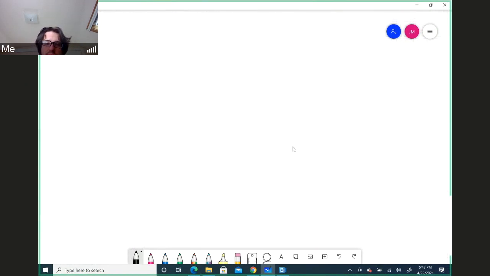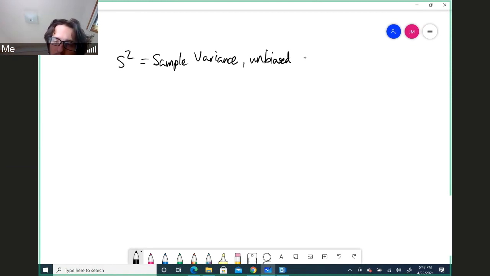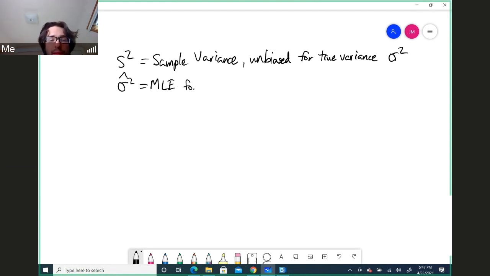It's the idea that s squared is the sample variance, and it is unbiased for the true variance, which is sigma squared. And then there is also the maximum likelihood estimate for sigma squared, which is sigma squared hat. So this is the maximum likelihood estimate for the variance.